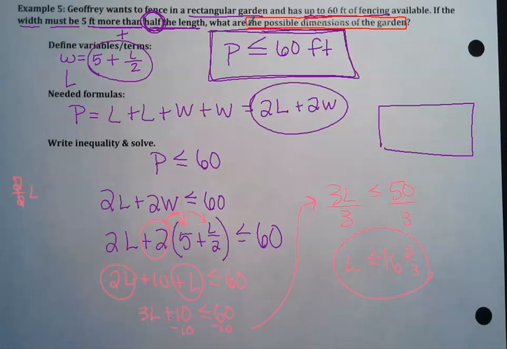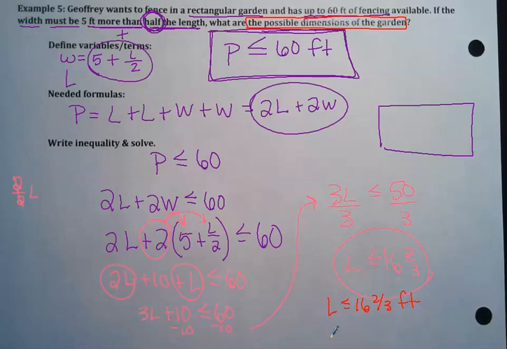Isn't it how long the sides are? Yeah, how long the sides are, the length and the width. So, what are my possible dimensions? The length is what? 16 and 2/3 feet. Okay, so the length is less than or equal to 16 and 2/3 feet.